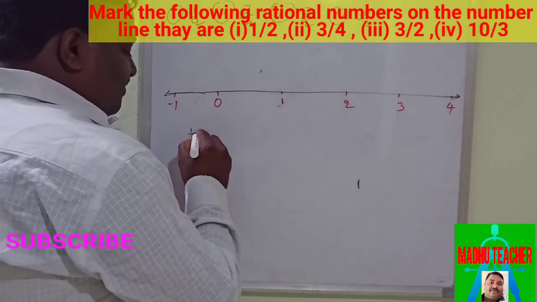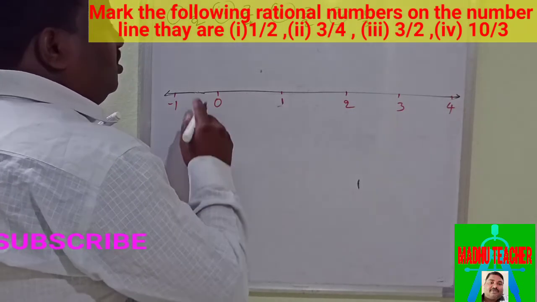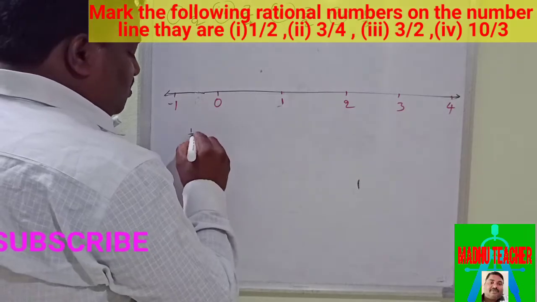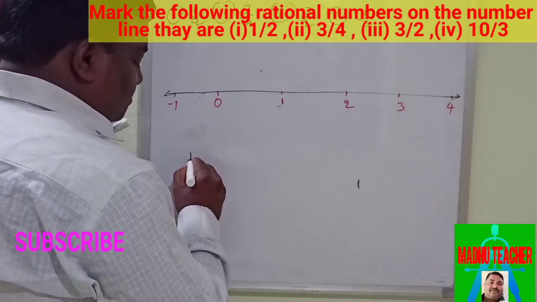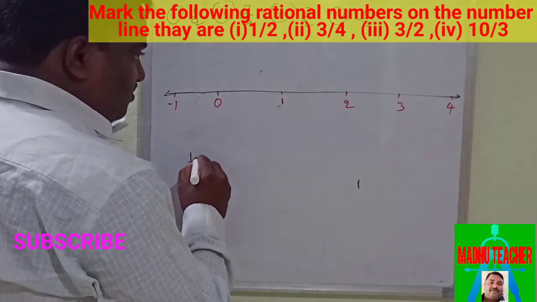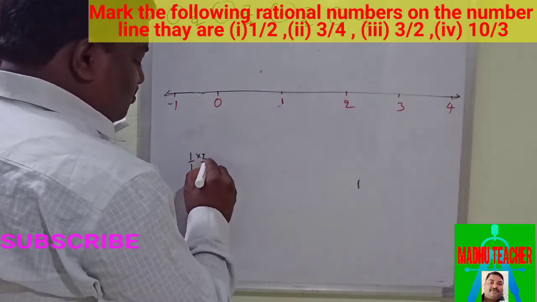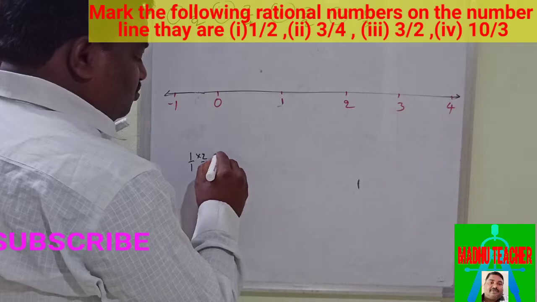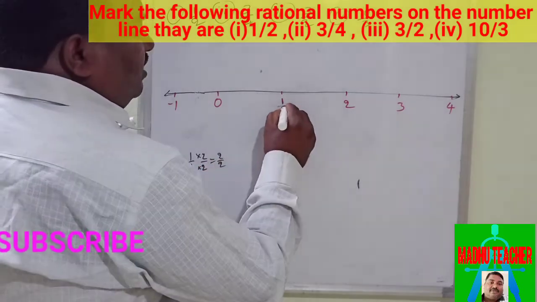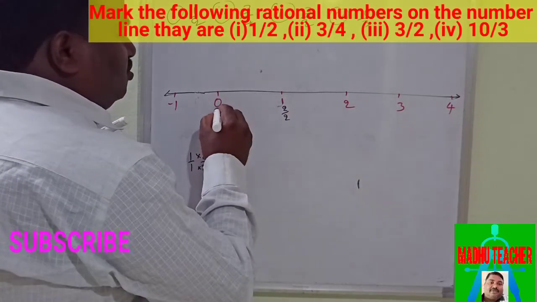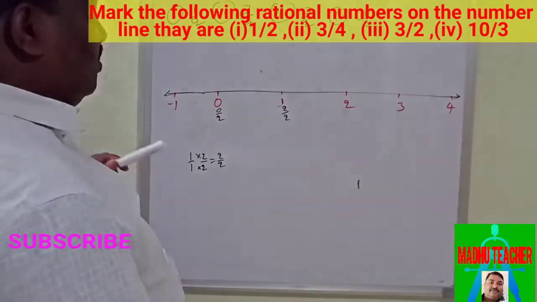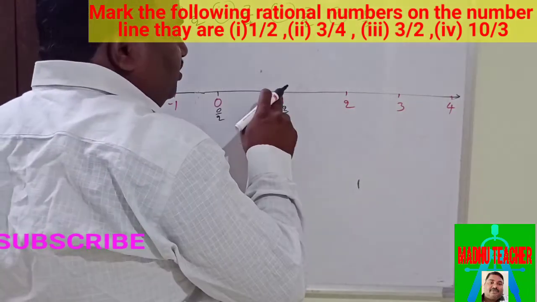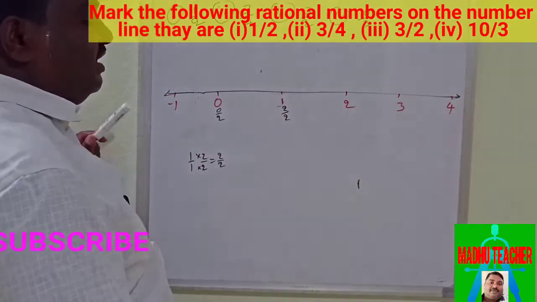So write the equivalent fraction to 1 by 1. The denominator should be equal to 2. That's why multiply with 2. So that is into 2 into 2. We will get 2 by 2. So this we can write as 2 by 2. And 0 by something is 0. So 0 by 2.